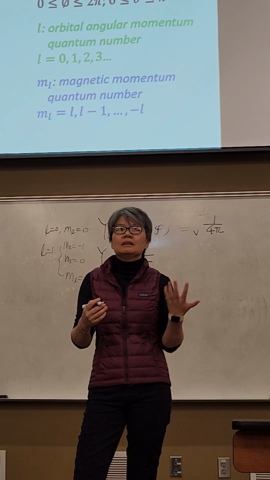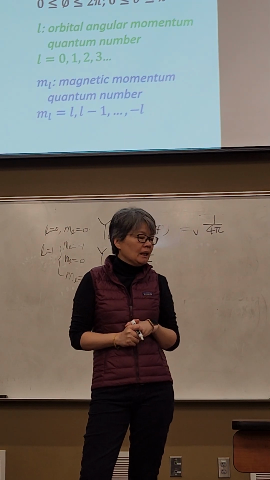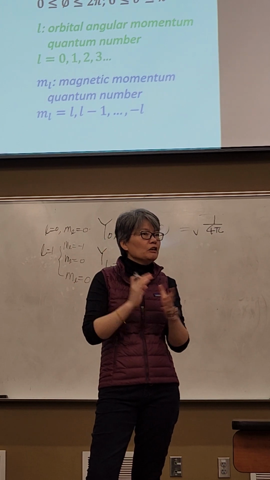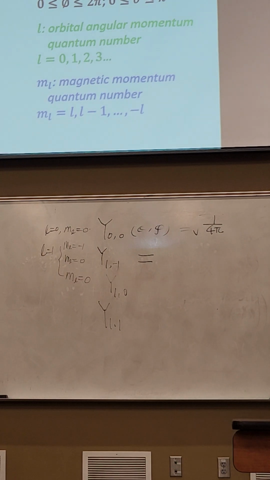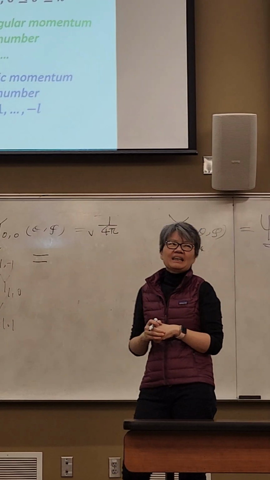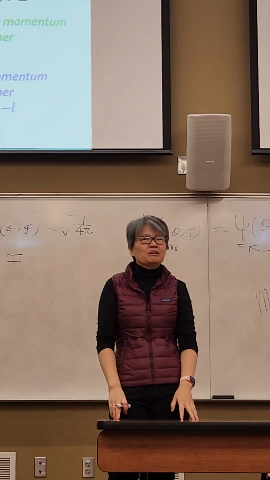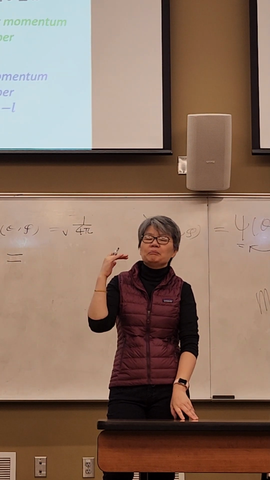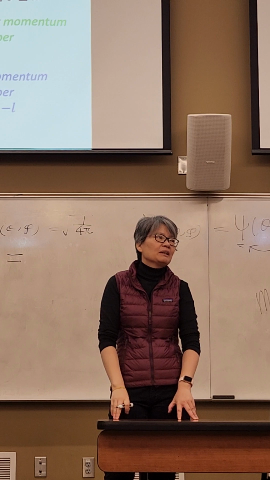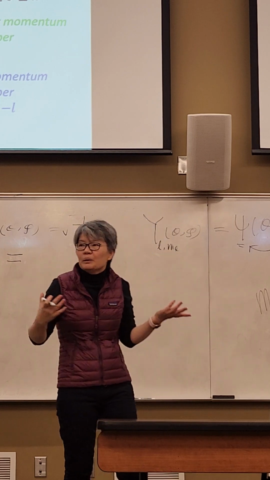Because that's important. For translational motion, you have a generic expression, you just plug it in. As you see, for vibrational motion it gets complicated. Same for rotational motion, it's complicated too. So the book only gives you the first batch of the solutions, but we need to know what they are.